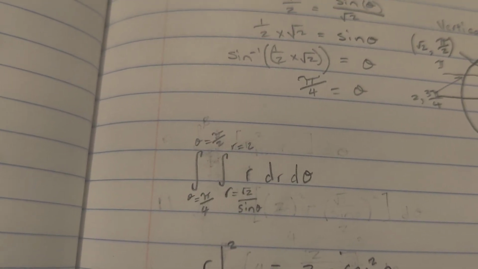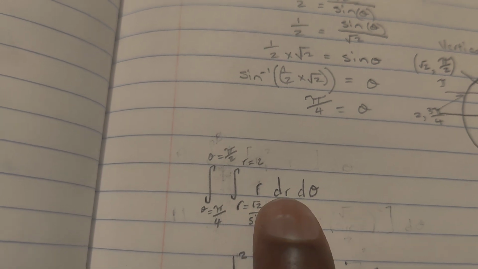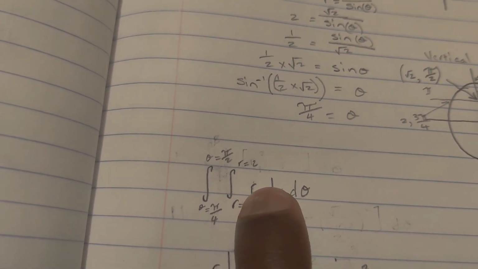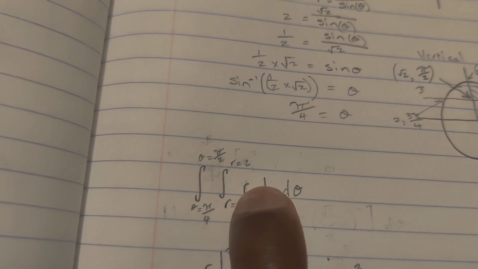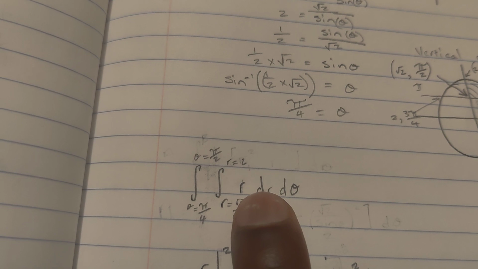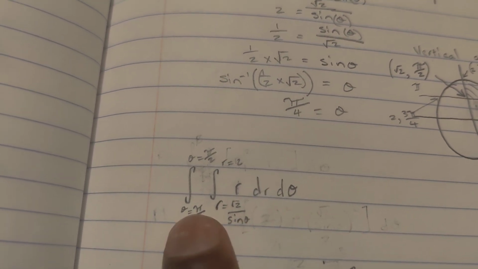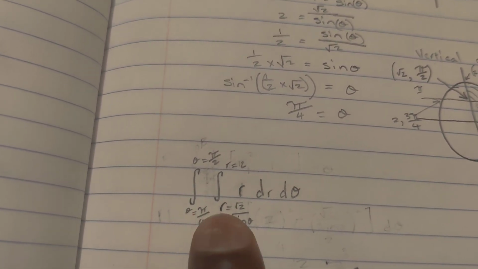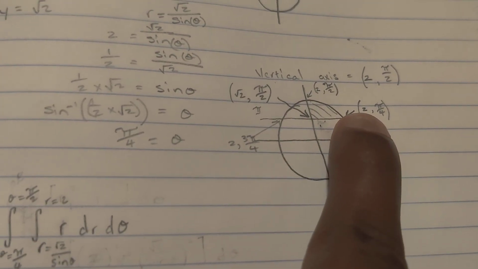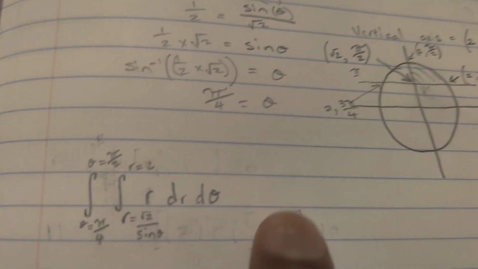So we set up our bounds of integration, which for area it's going to be 1 for the f of x y. I don't have the f of x y here, but it's equal to 1, so I didn't show it. And then it's just r, dr d theta. And our bounds is theta outside, r inside. So it goes from pi over 4, from here all the way up to pi over 2.